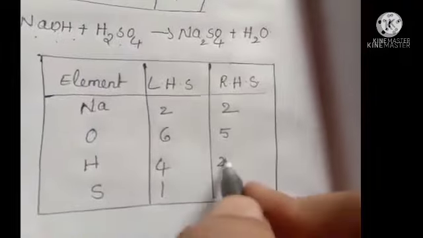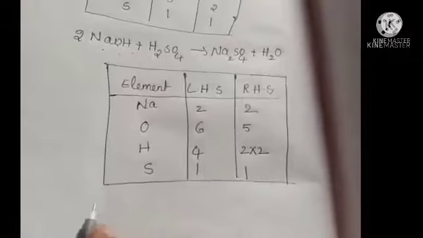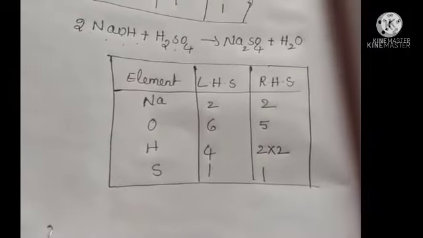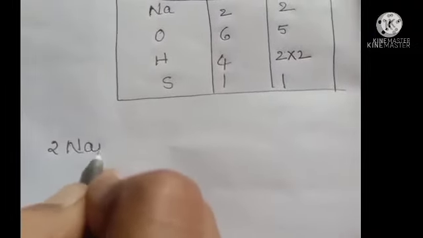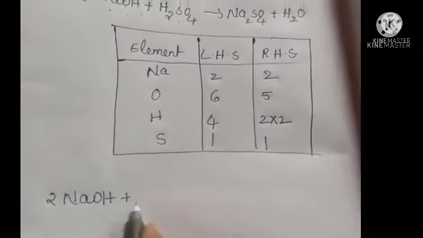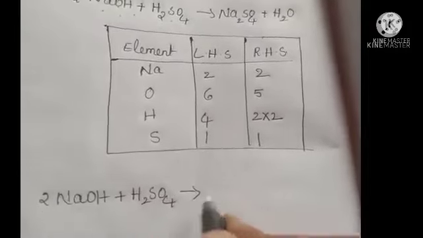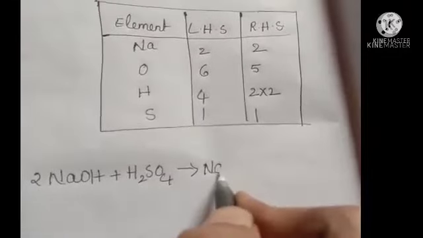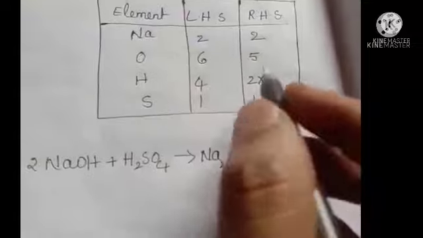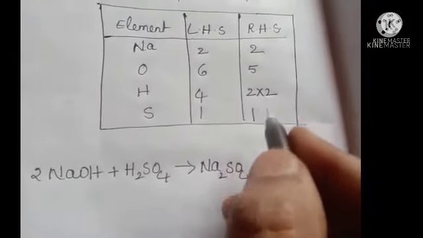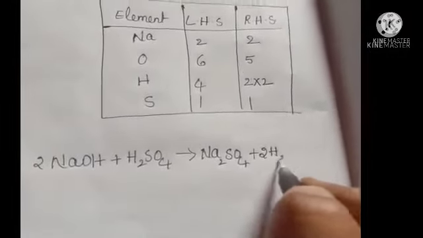Now balance the hydrogen: 2 into 2. Now write 2 NaOH plus H2SO4 gives rise to Na2SO4, sodium sulfate, plus, where we put the coefficient at the hydrogen place, 2H2O.